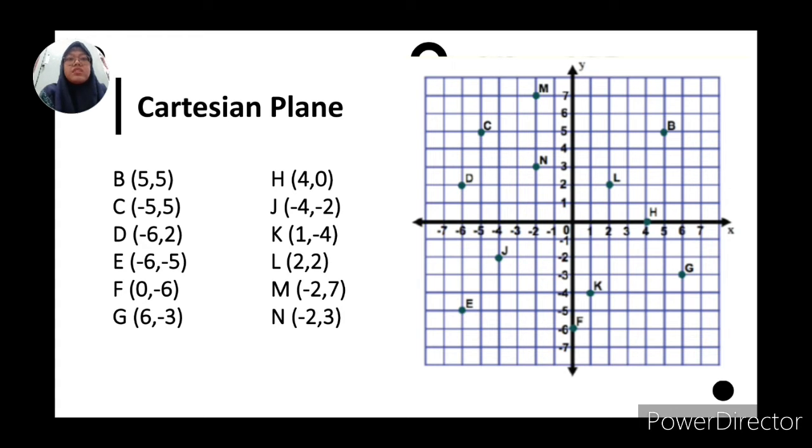The first question is about Cartesian plane. The coordinates of point B is 5, 5. The coordinates of point C is minus 5, 5. The coordinates of point D is minus 6, 2.